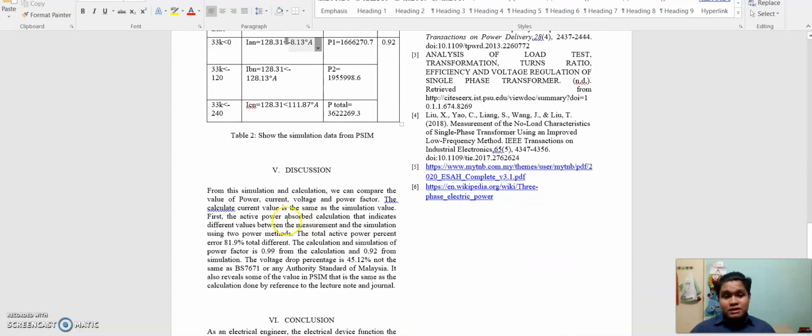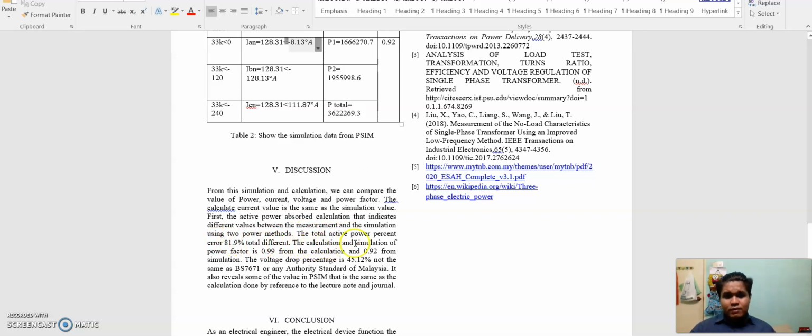In my discussion, from this simulation and calculation, I compared the values of power, current, voltage, and power factor. The calculated current value is the same as the simulation value. First, the active power absorbed shows a different value between the measurement and the simulation using the 2 power method.